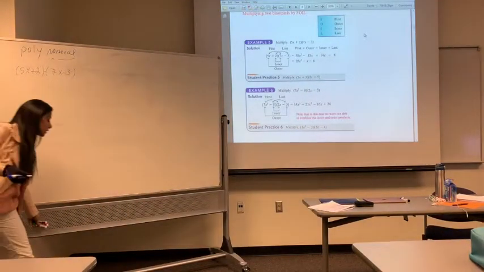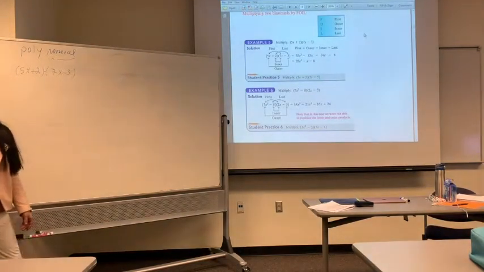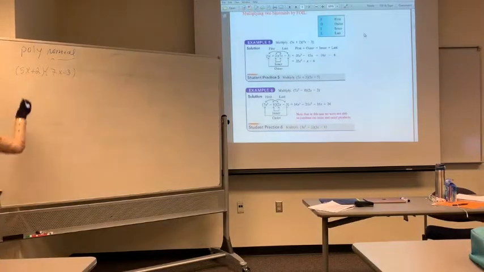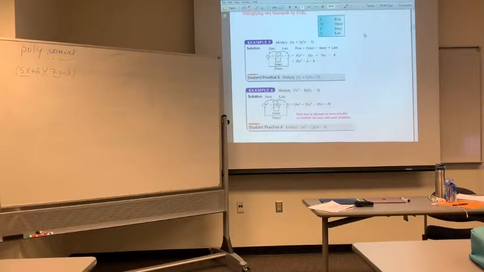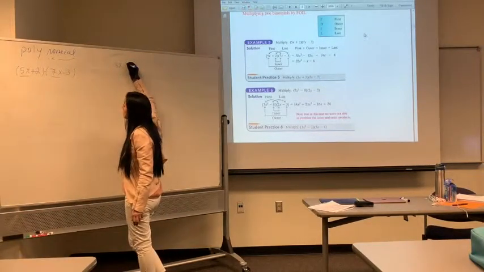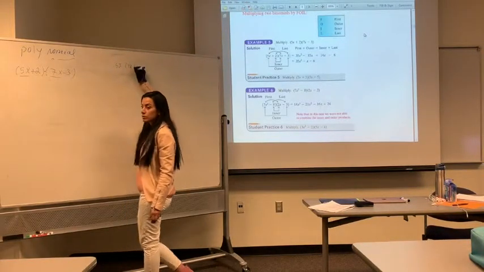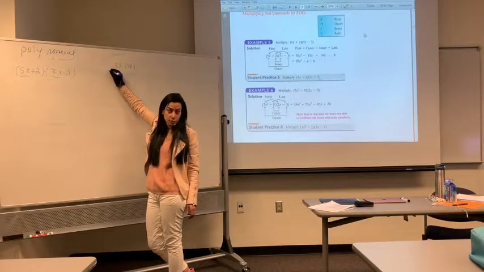So FOIL says, first multiply the first terms. This is the first term, this is the first term. Correct? So you are multiplying 5x to 7x. This is the multiplication of the first terms.